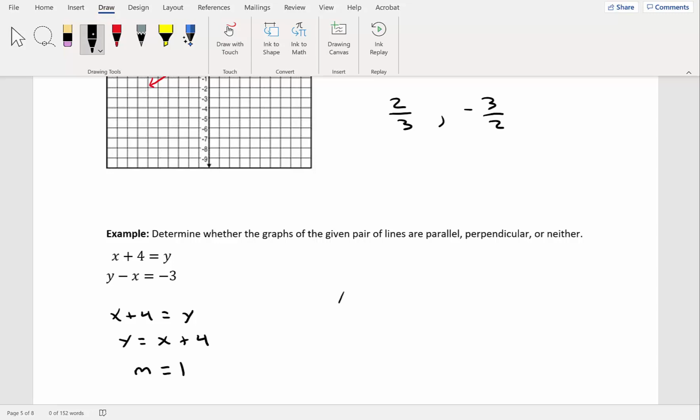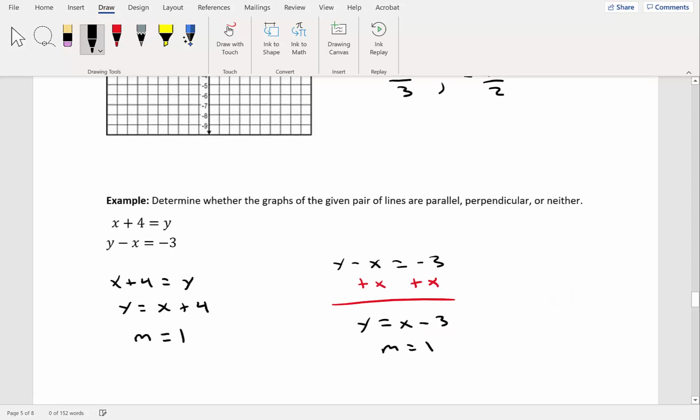Now I have to figure out my slope for my second line. So I have y minus x is equal to -3. I'm going to add x to both sides so that I get my equation in slope-intercept form. And now I can determine my slope, which is 1. Remember, the slope is the number in front of your x.